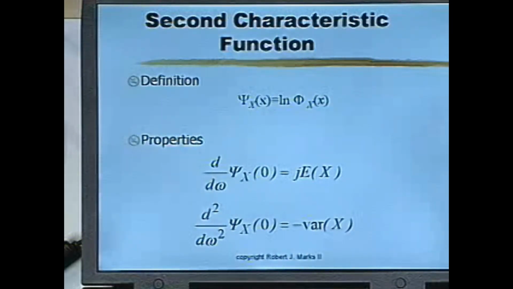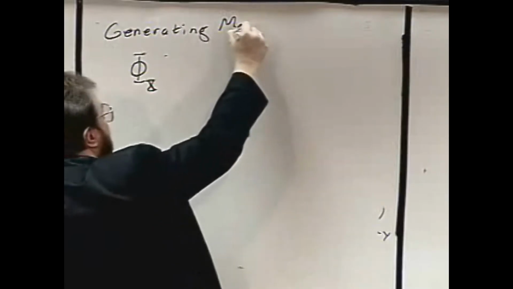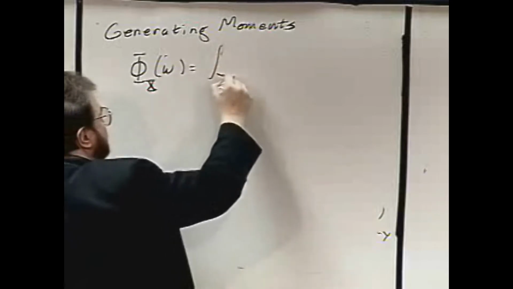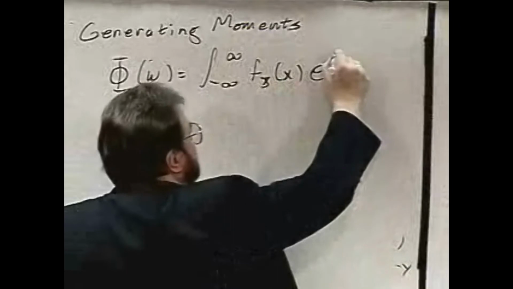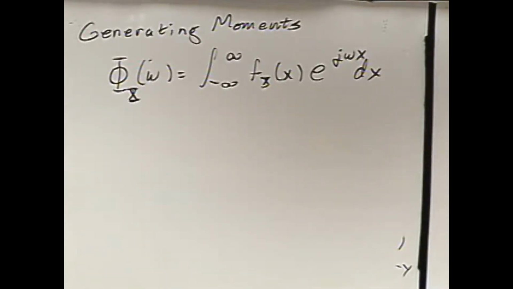The nice thing about the characteristic function is the following relationship: it's very nice for generating moments. This is the definition of the characteristic function.